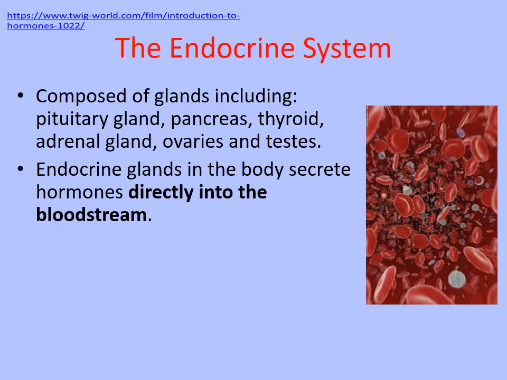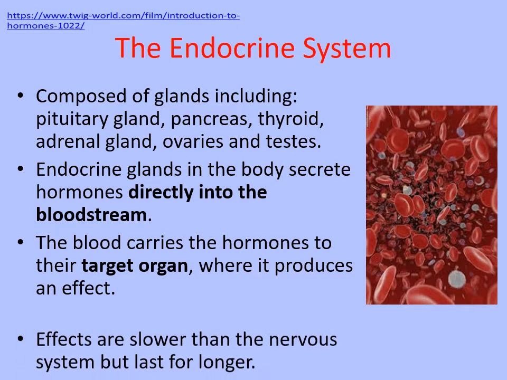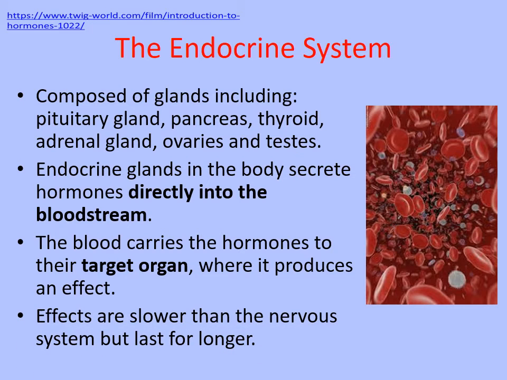As we've said, endocrine glands secrete hormones directly into the bloodstream, and those hormones will then travel in the blood to their target organ where they produce an effect, and that effect will be both slower, so it takes longer to come about, but it's going to last longer. So make notes on that, please.